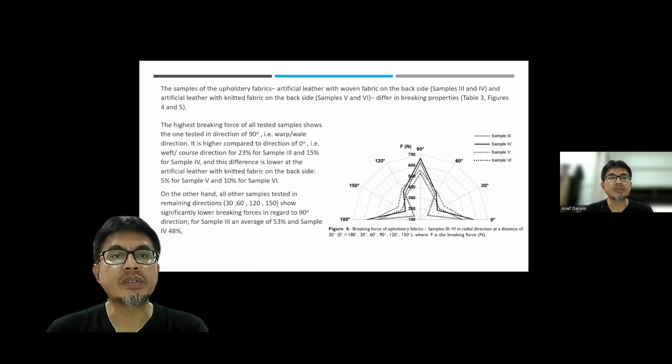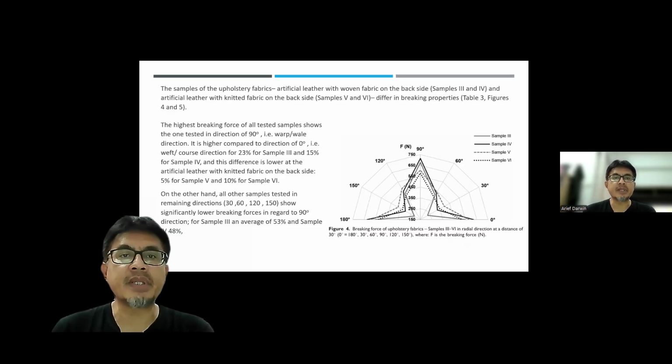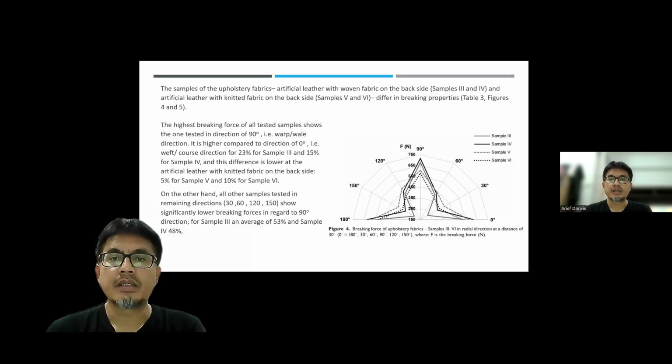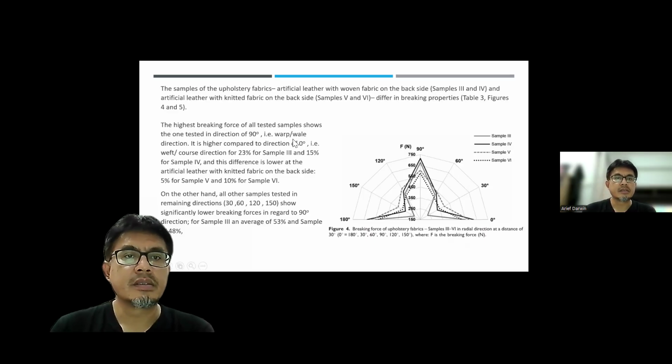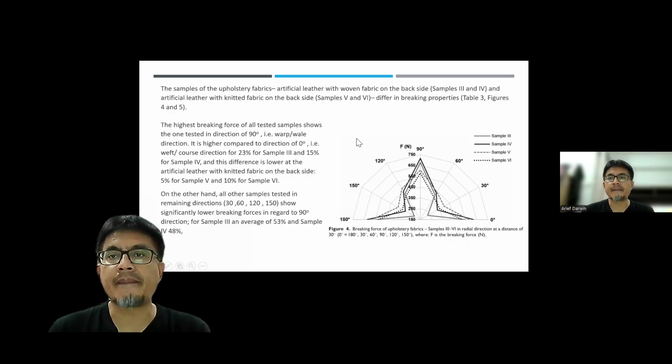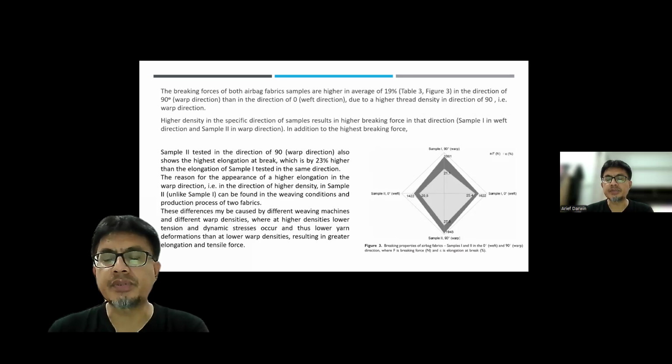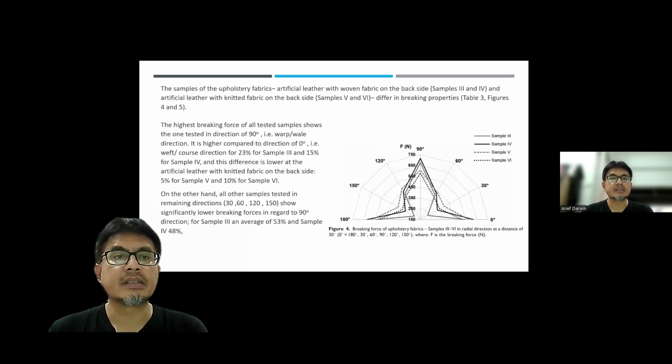The samples of the upholstery fabric, the artificial leather with the woven fabric on the backside, which are samples 3 and 4, and the artificial leather with the knit fabric on the backside, samples 5 and 6, differ in the breaking properties. We can see the comparison in table 3, in figure 3, this one.